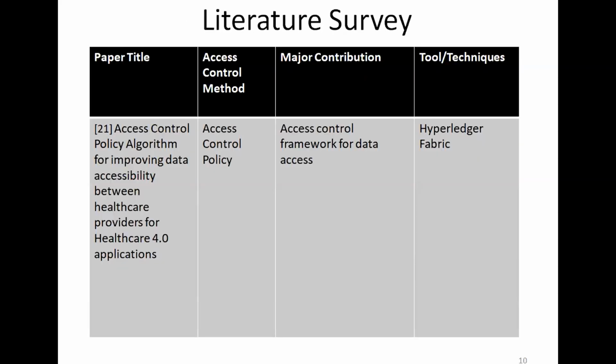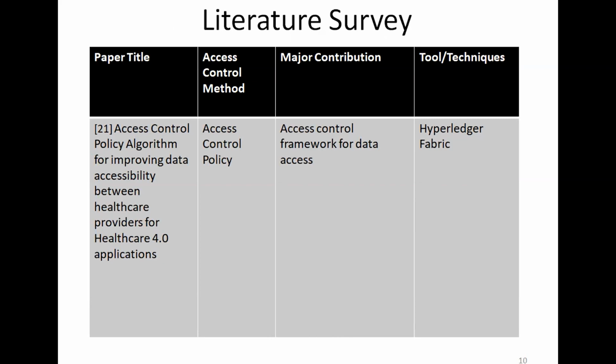Here I have done the literature survey based on the different access control methods for healthcare records, and I'll show you the research which has already been done by different researchers. As shown over here, there is an access control policy algorithm for improving data accessibility between healthcare providers in healthcare systems, where the access control policy is generated based on Hyperledger Fabric.